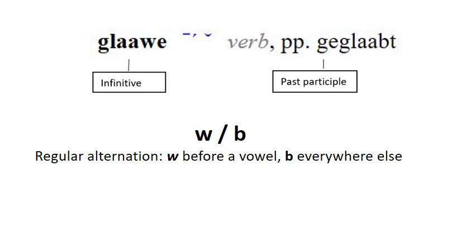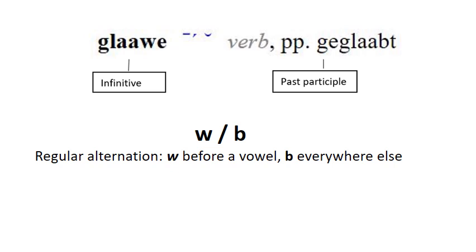The first kind of verb we'll look at here is geloven, geglopt. These are verbs whose infinitive ends with a W and an E. Now in Dutch, there's a very regular alternation between the sound V, represented by W, and the letter B. Basically, that sound, if it's before a vowel, will be a W, a V sound, but everywhere else, it'll be a B sound.